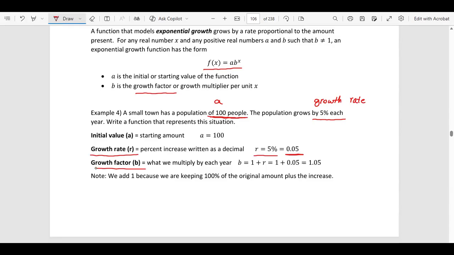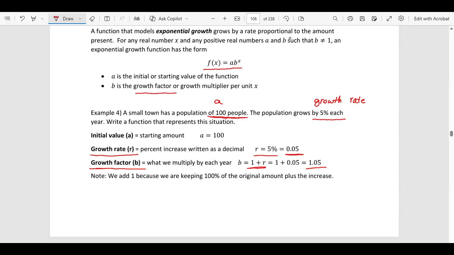But the growth factor, which is b, means we add that rate to 1, because that growth is after the first year. So we had 100% in the first year, and it's increasing by 5%. So we have 100% plus another 5%, which is 1 plus r, and 1 plus 5% is 1.05.